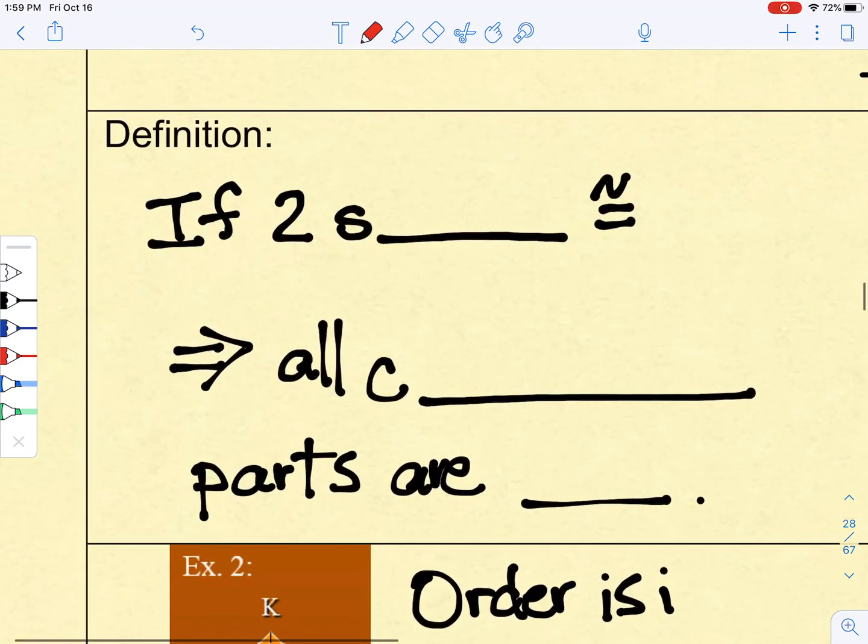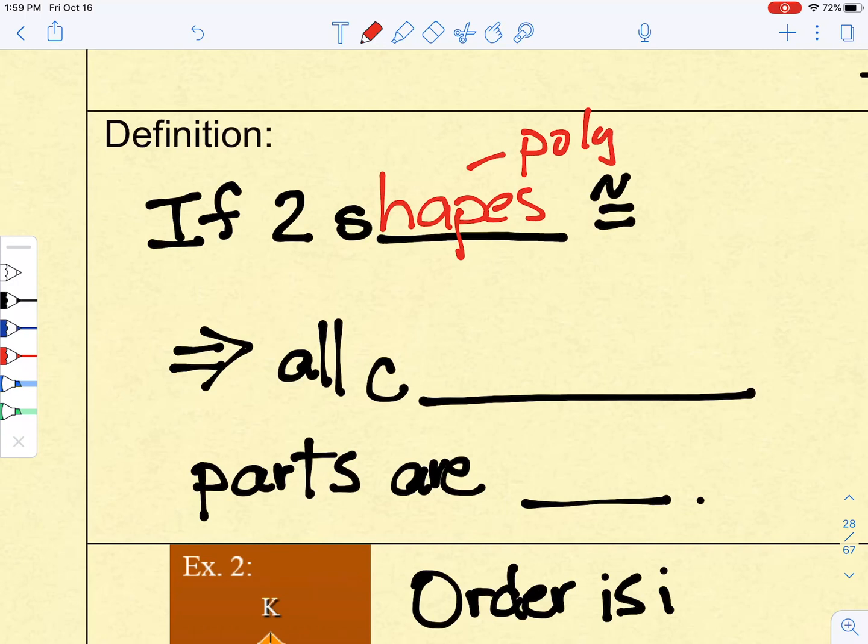Definition. If two shapes, and by shapes we mean polygons, yes? Specifically this chapter we are looking at things that just have 3 sides, so we won't be looking at 4-sided shapes, that kind of thing, till future.